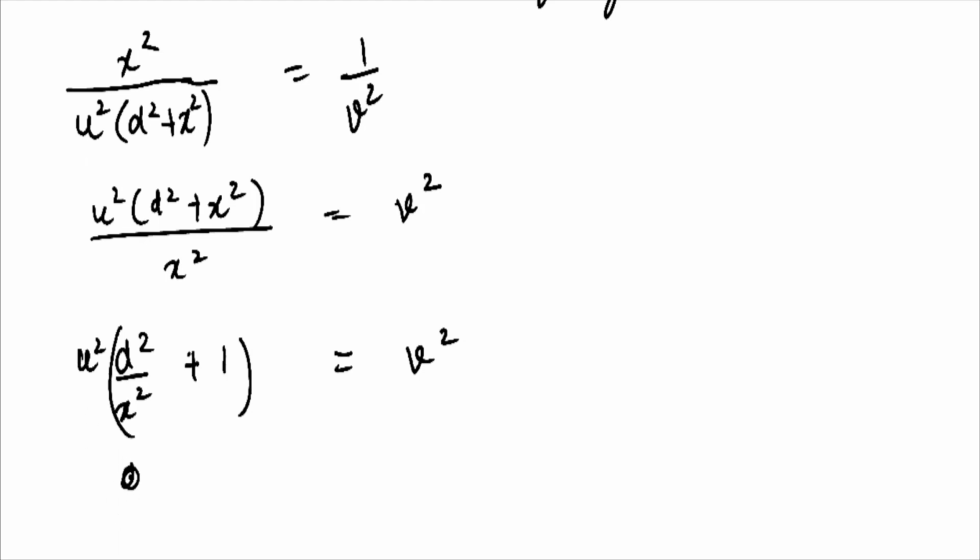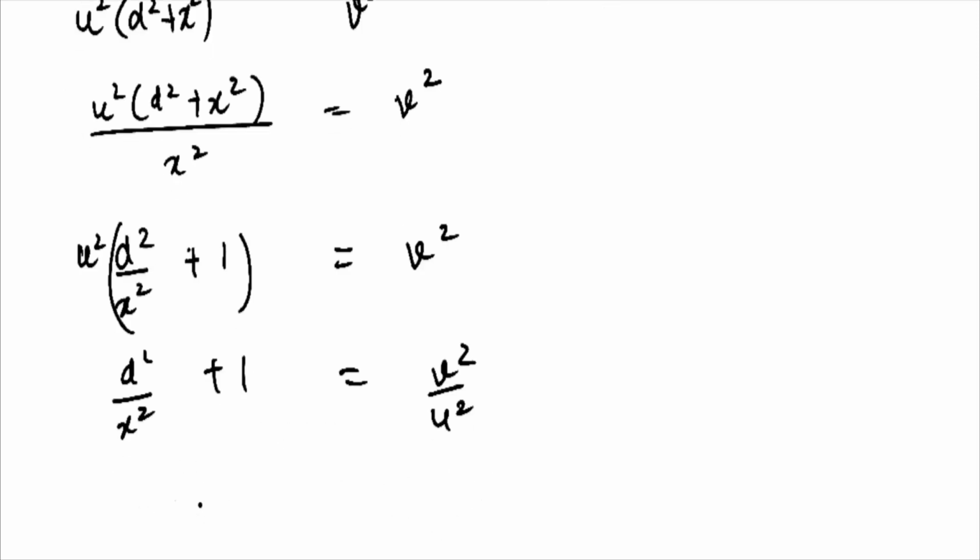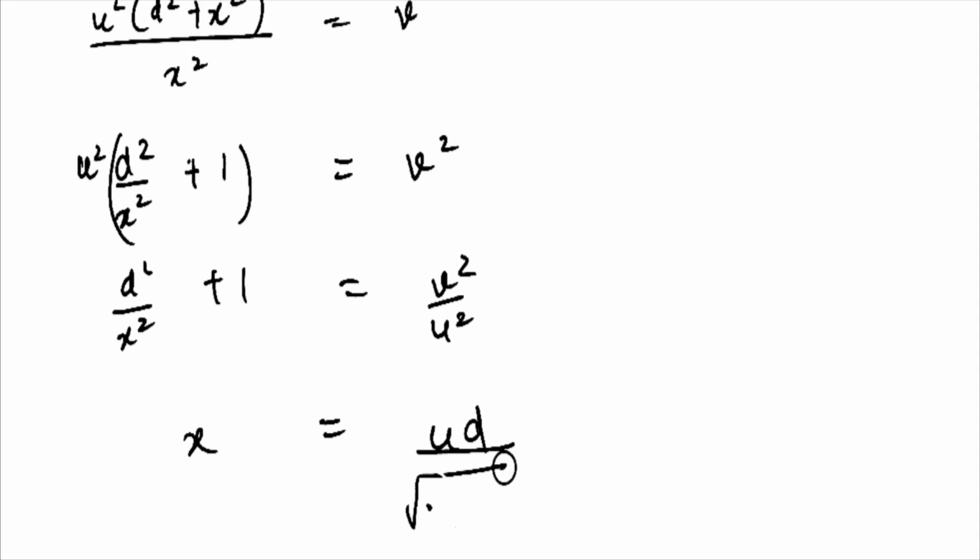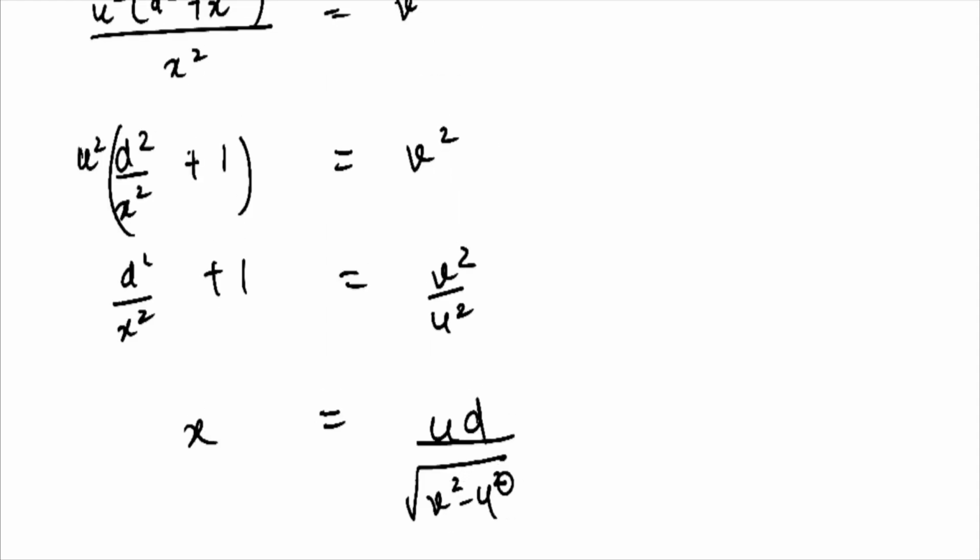So let us take this here, and this will be v square by u square, and from here we will get x equal to ud divided by under root v square minus u square.